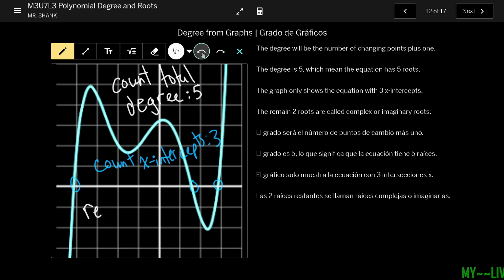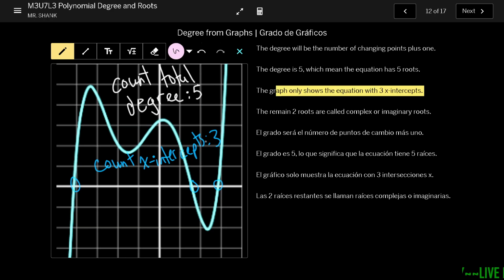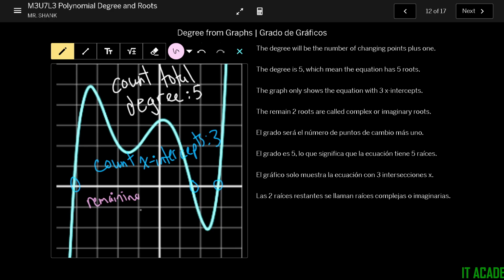let's do red. Let's say remaining roots is just going to be simply, we just do 5 minus 3.